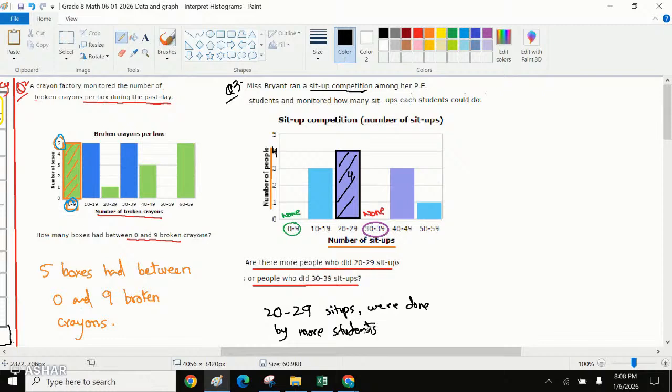But in this case, since 30 to 39 was a 0, we have no problem. If it was compared to 40 to 49, then we would compare the value. This would be 4, that would be 3, 40 to 49, right? Then we have to compare, right? Since the bar of the range 20 to 29 is taller, that means 20 to 29 has more values to it.